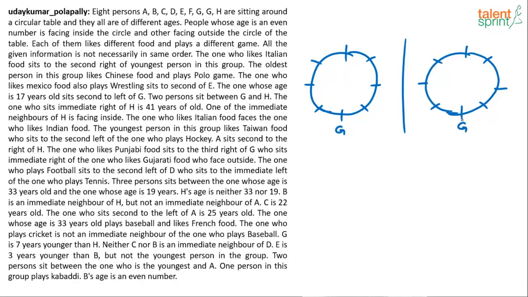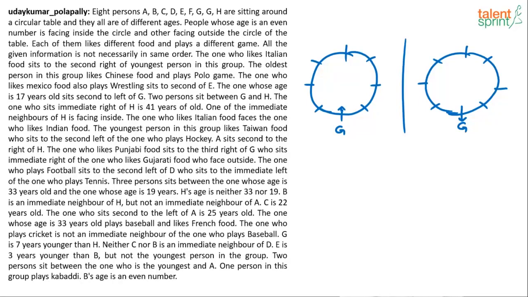You know that the first person can be placed anywhere on the circle because it's a circular arrangement. There is no starting point or ending point as such. I can assume G is either facing center or facing outwards. Let me go with that because we do not know anything about G, but we know that G has been used a lot of times in the given data here. So G is either facing center or outwards.